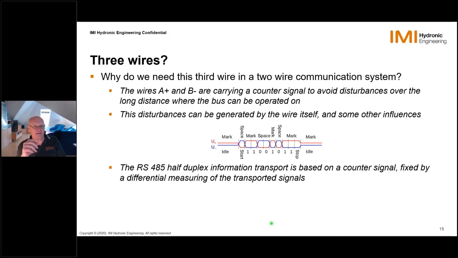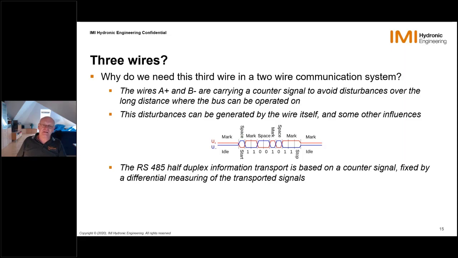But you can do a difference measuring in that case only when you have a common zero or mass potential for measuring. So it's not directly measured between these both signals. It's measured from this plus to the ground, or to the mass potential, and this minus pole to the mass potential, because as you see, also the minus can go upwards here.